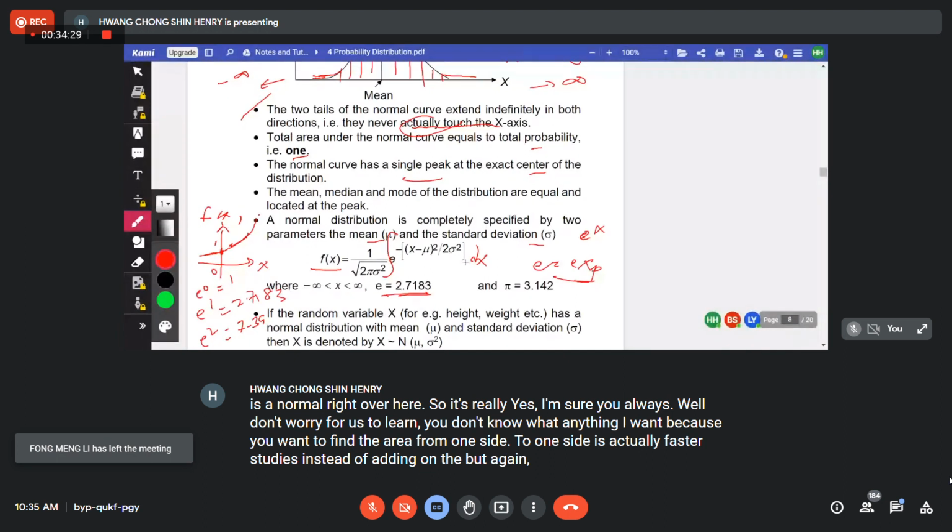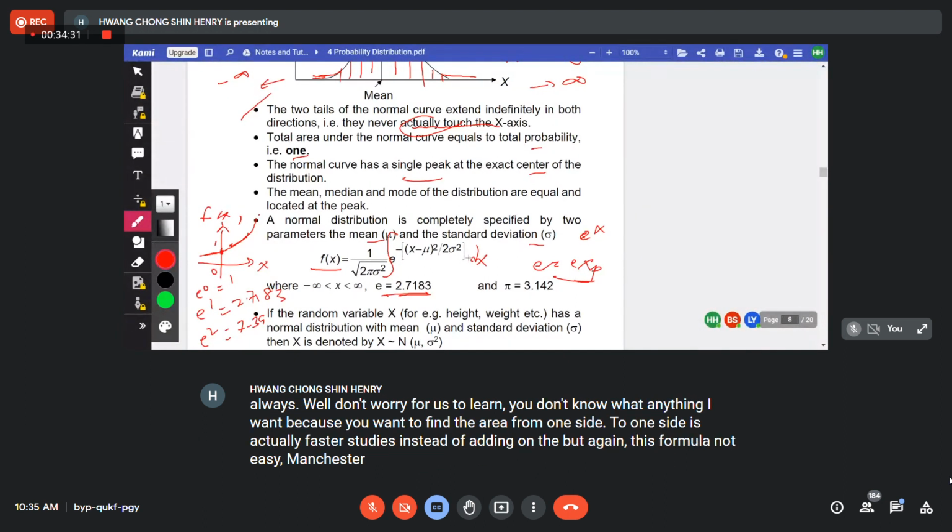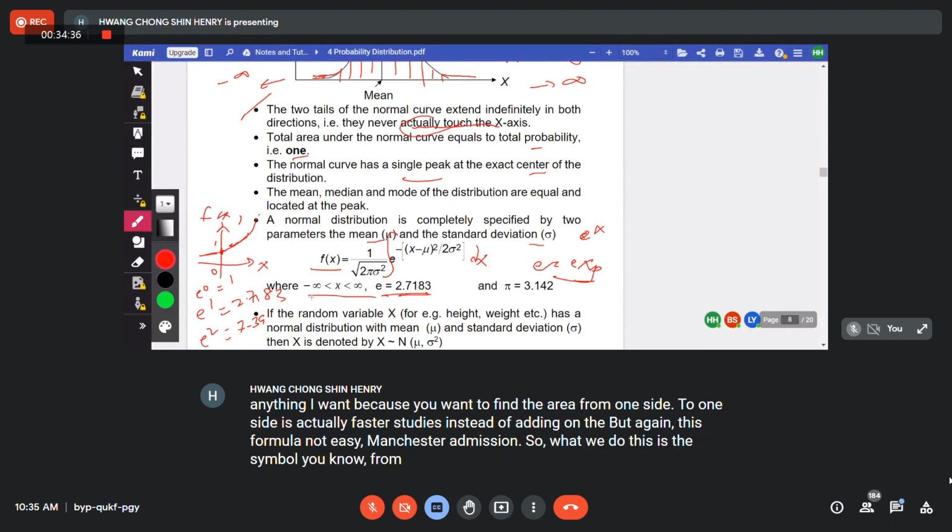But again, this formula is not easy, just like I mentioned. So what we do, this is the symbol from one end to one end. Negative infinity to, you see the tail here, ending at 1. So very hard to integrate.